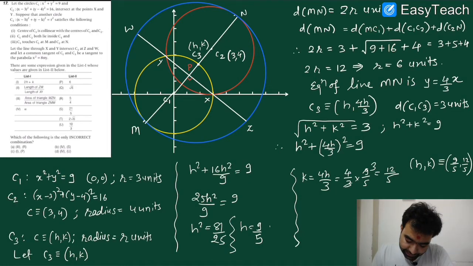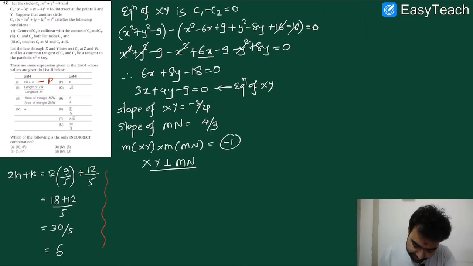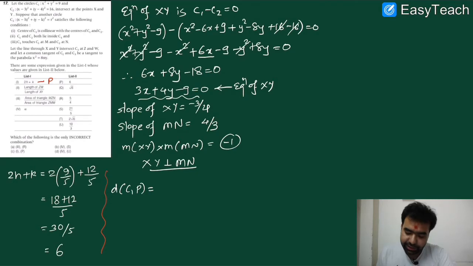Now first I want to calculate the length of XY. So I will calculate first the distance C1P, which is the perpendicular distance. Now I know the equation of XY, so I will apply the perpendicular distance formula from the origin. So that will be 9 by 5 units.